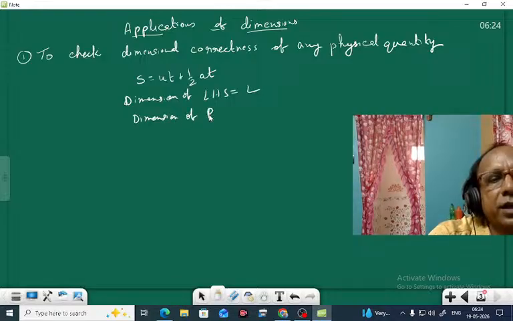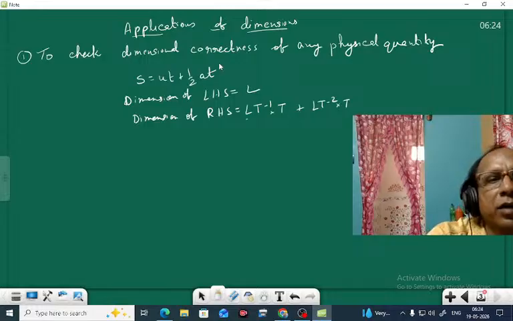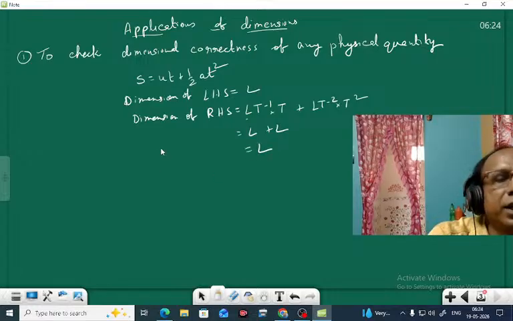So u is velocity, which is L t to the power minus 1, multiplied by t, so it is L. And half is a number, so it has no dimension. Acceleration is L t to the power minus 2, into t square, so we are getting here L plus L, that is equal to L. So here I find that the dimension of left hand side is equal to the dimension of right hand side, right?